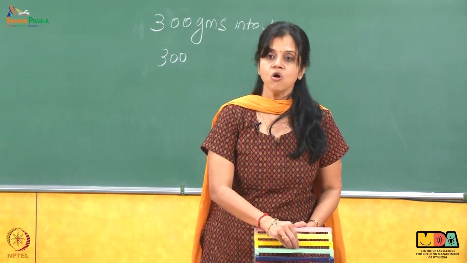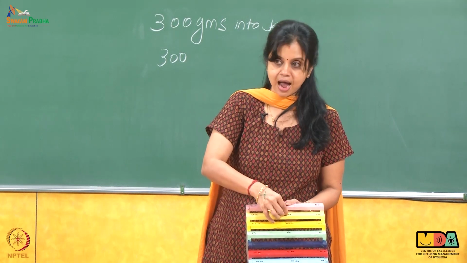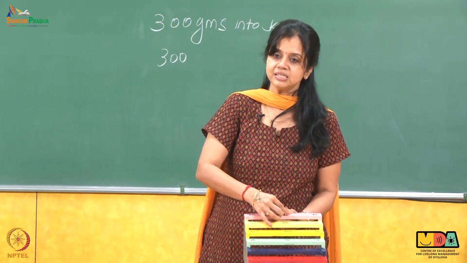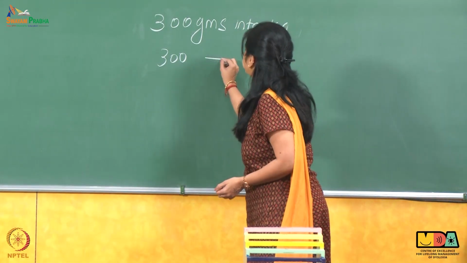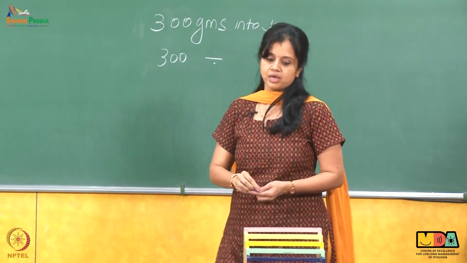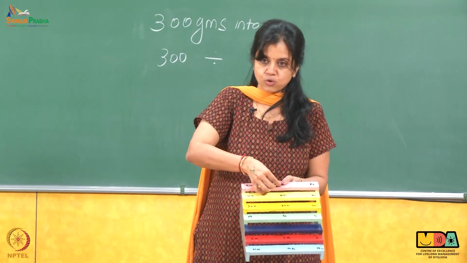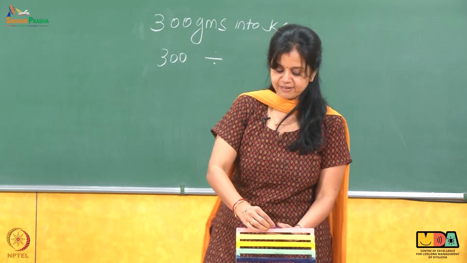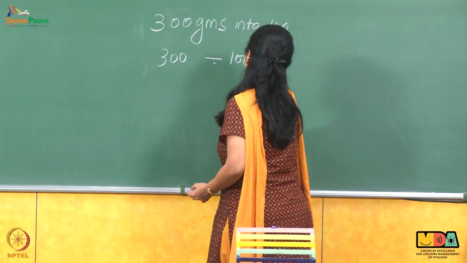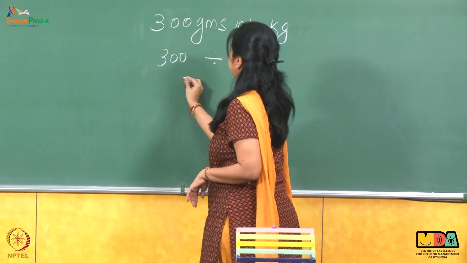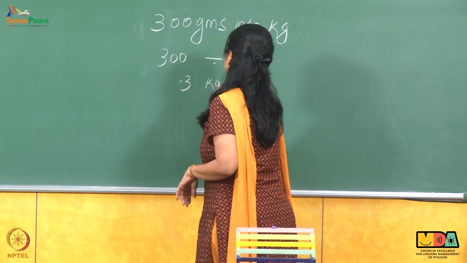Where should they go? To kilograms. That means they have to move up. Moving up means division. So they put the division sign. And how many steps? 10, 100, 1000. That means it is divided by 1000. 300 divided by 1000 is 0.3 kilogram.